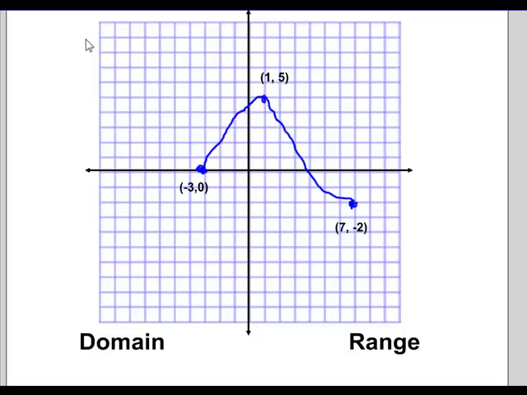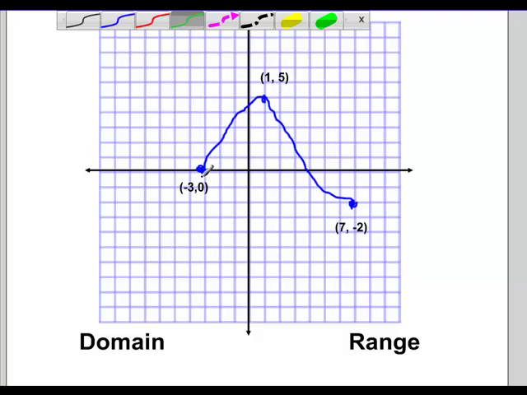So we talked about the fact that the inputs of a function are the domain, and the outputs are the range. So all the inputs together form the domain, and all the possible outputs are the range. For this specific function, and it's supposed to be a curve, the domain is all the possible x values.